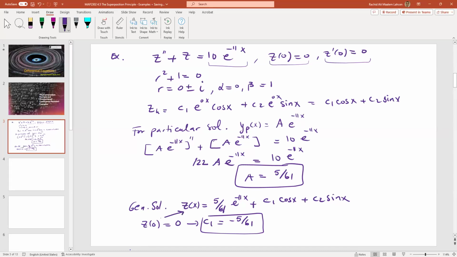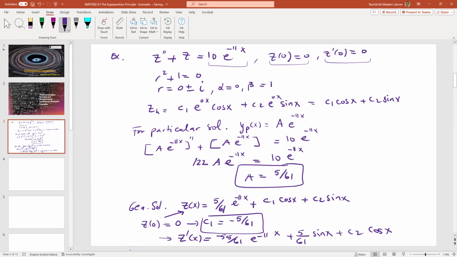So if we substitute here, then we should get this. All right, so that means now we need to find z prime, which I tried here, and I got this.